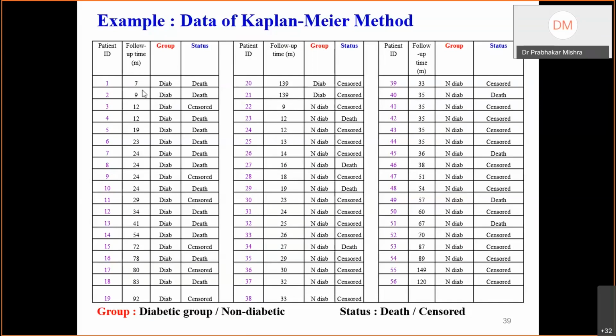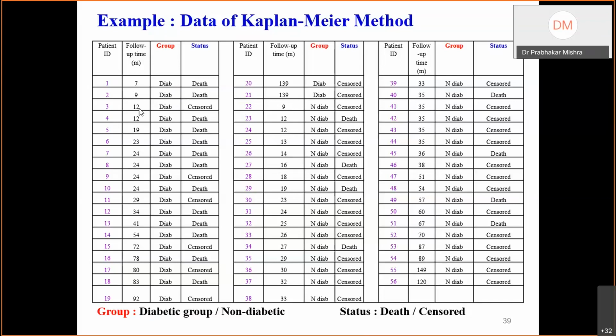See, this is the first patient. Seven months in the study, the patient was diabetic and the patient died. Another patient, 9 months overall follow-up, was diabetic and ultimately died.